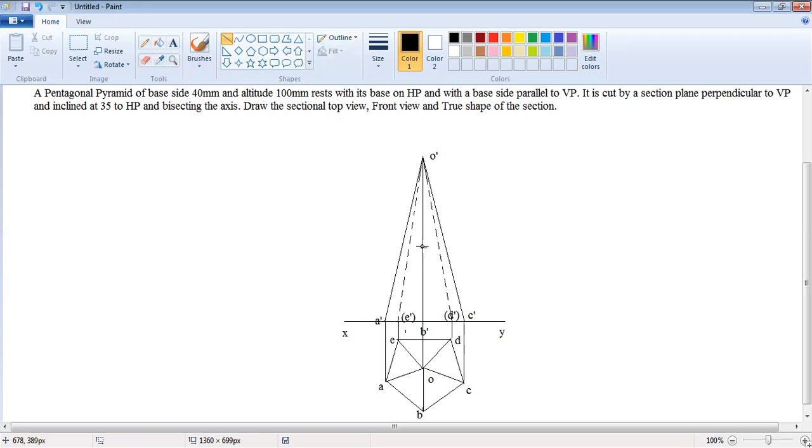Place the protractor at the center point and measure 35 degrees, which passes through all the edges of the pentagonal pyramid.